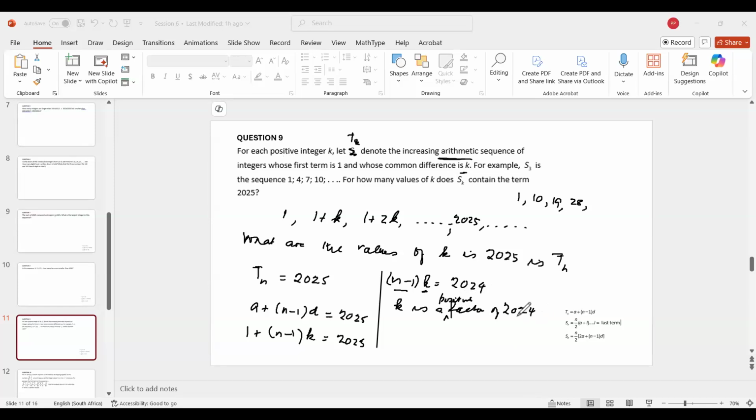So you need to know what are the factors of 2024, and you really need to know how many factors there are for 2024.